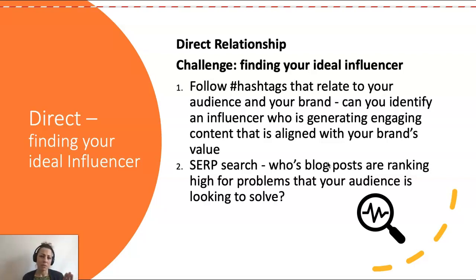If that blogger has a blog that's coming in the 3rd, 4th, 5th position, they're obviously very good at SEO. They probably have good traffic going to their website. So that person might be an influencer that you could reach out to work with to create content for your positive impact project. So following hashtags and typing keywords into Google are two ways to find an ideal influencer.